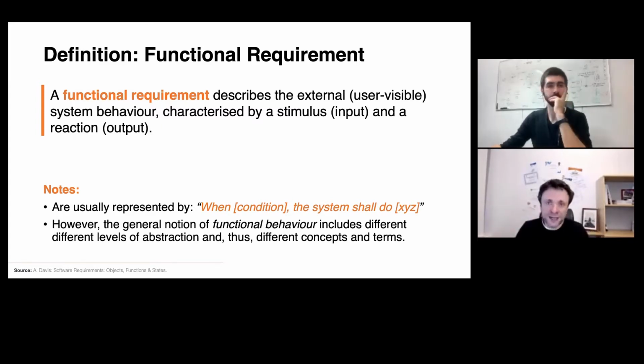In terms of requirements engineering, I specify what reaction I want to perceive from the software system when giving it a stimulus. So I want to describe essentially what reaction I, as an external actor, expect from the software system when interacting with it. The external actor can be a human being, but also an external system. Typically, you find functional requirements in the form represented at the bottom of the slide: natural language specifications following certain patterns, saying that when there's a certain condition, when I deliver a certain input, the system shall do something.